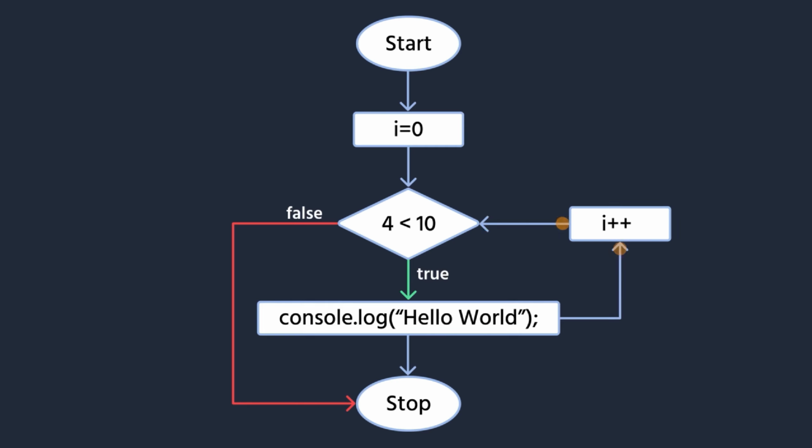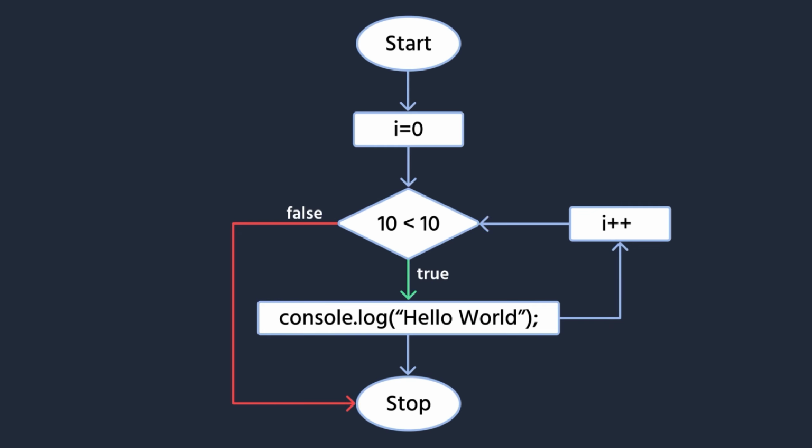The new value of I will be 2. And once again, it will go back to checking the condition. Since 2 is less than 10, it's going to execute the code block once again. And it goes on till the value of I reaches 10. When the value of I reaches 10, the condition becomes false, and that is where the loop ends.